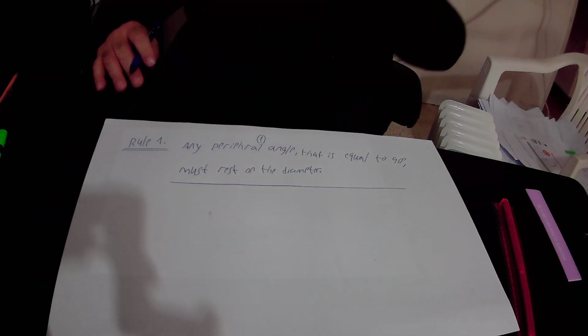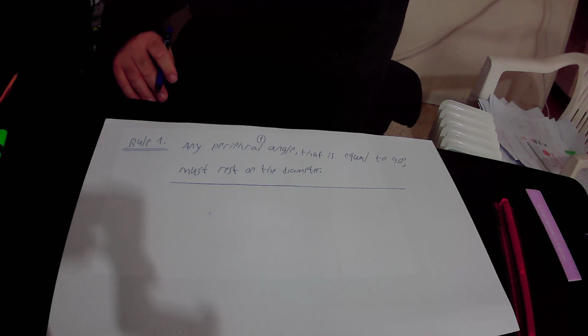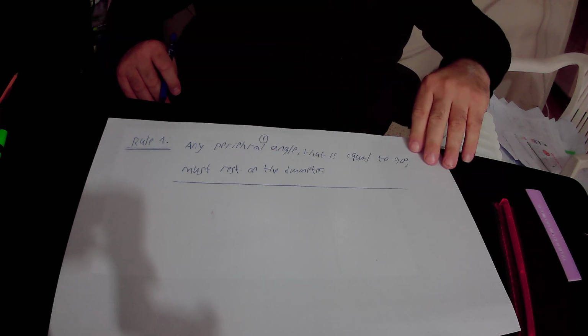I repeat the rule number 1: any peripheral angle that is equal to 90 degrees must rest on the diameter.